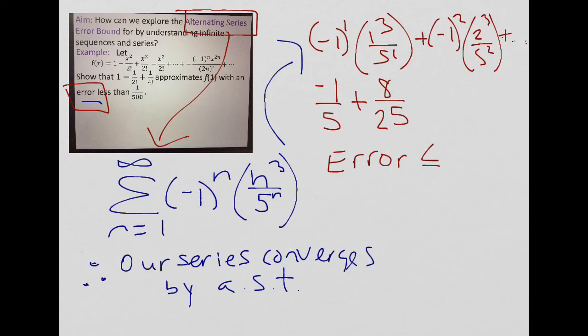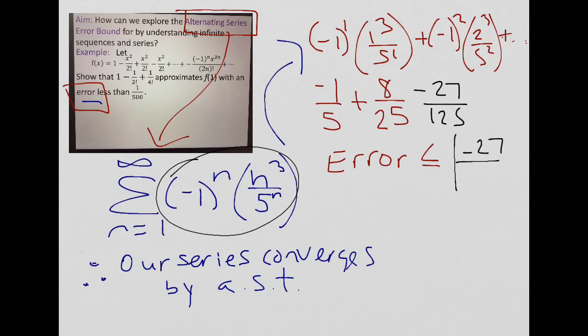So for our third term, if we use this formula again, but this time let me find a different color, with the third term we would get a negative answer, and we'll have 27 over 125. This is what would be in our absolute value, and you can just change this over into a positive answer.